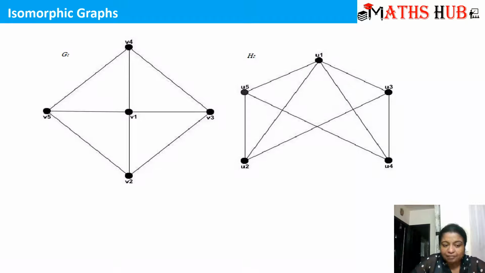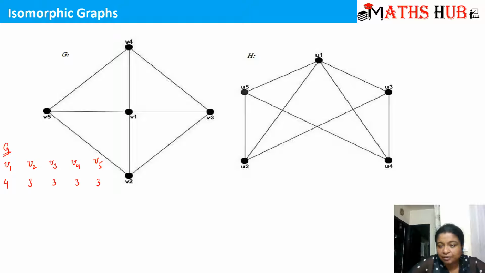First of all, in graph G there are five vertices, V1, V2, V3, V4 and V5, right? Now let's see the degrees of these vertices. V1 has degree 4 and V2, V3, V4 and V5 all have degree 3.